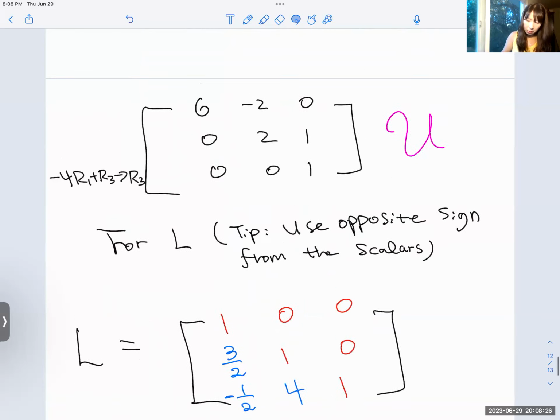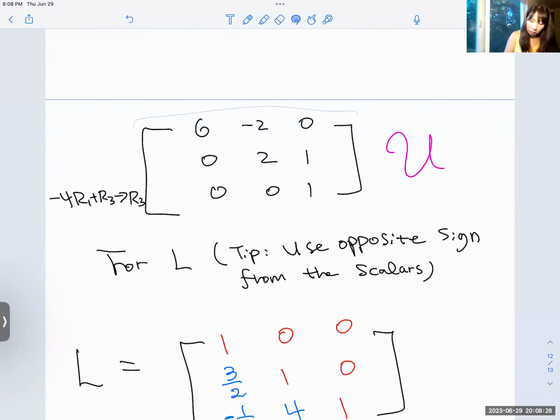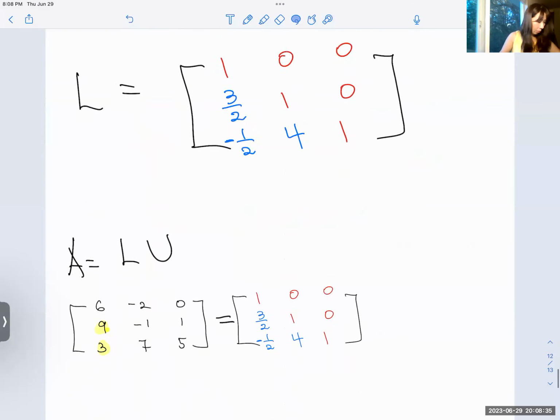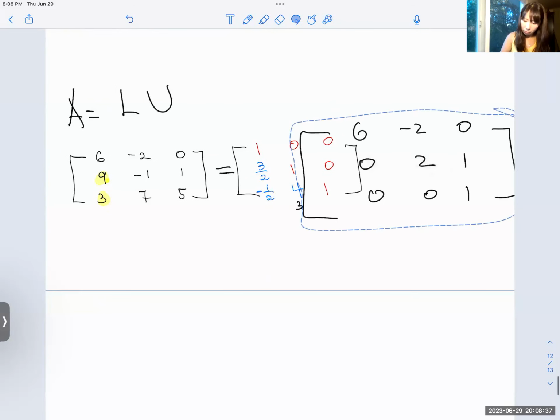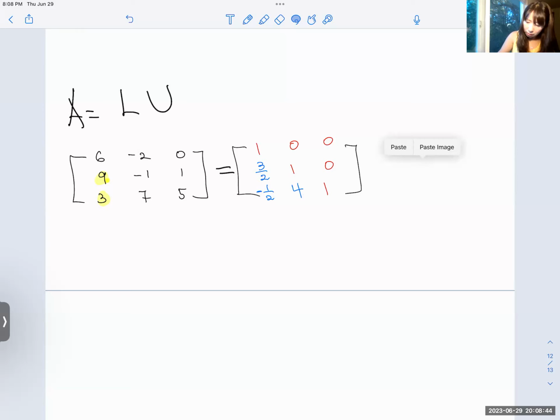And U. Copy. Okay, where does this one come from? 3. 3 there. All right.